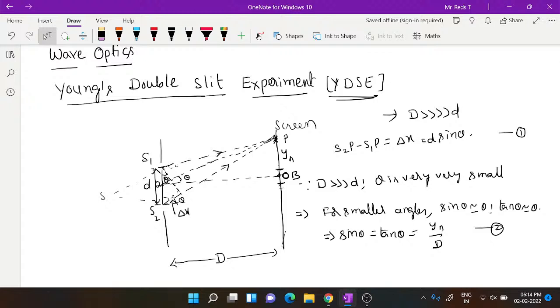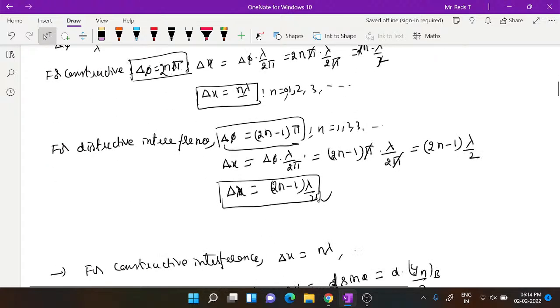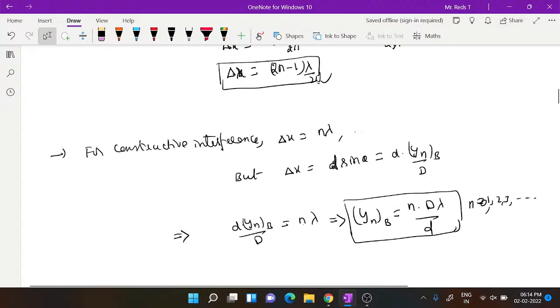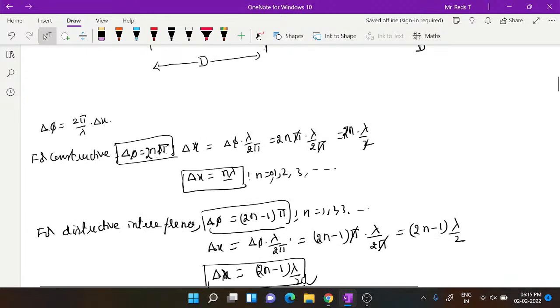To understand this, we need to have a brief idea about interference of waves. Already we have discussed that when two waves interfere constructively and destructively, the resultant amplitude and hence intensity expressions we have discussed already.